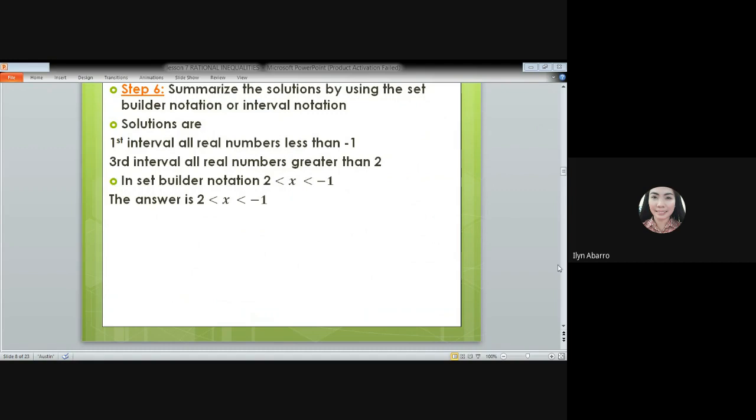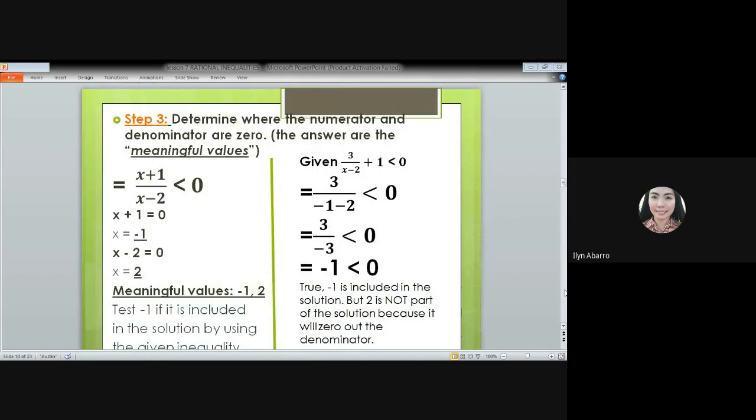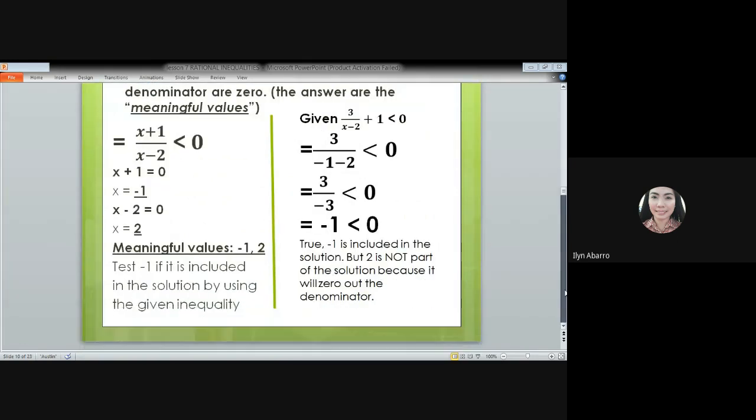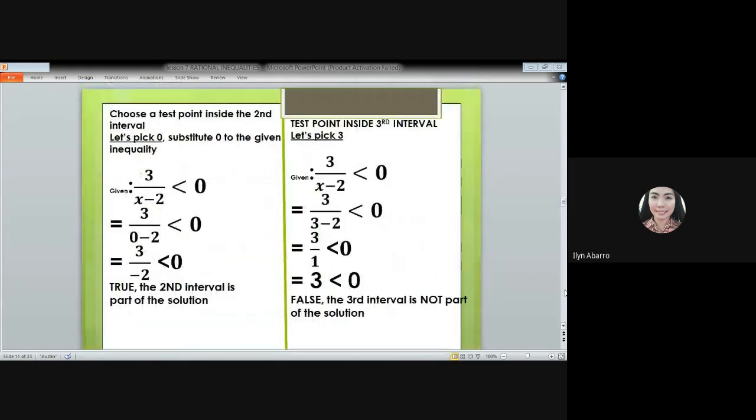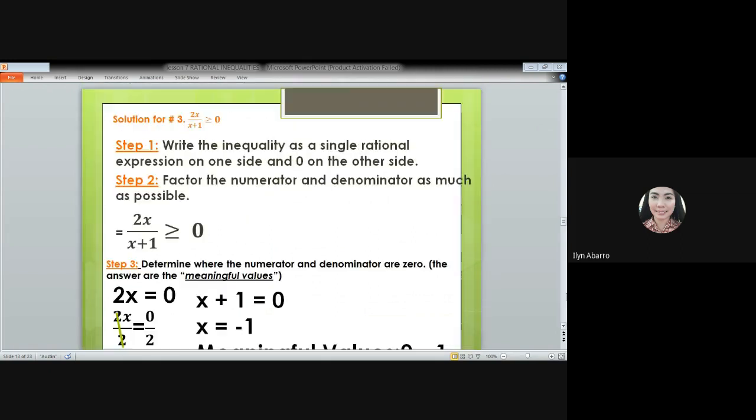It has an "and". As for interval notation, it is from here to here, from less than 2 to -infinity. And number 1 is x is greater than 2 and less than -1. Okay? So, I hope you do understand what I'm talking about.